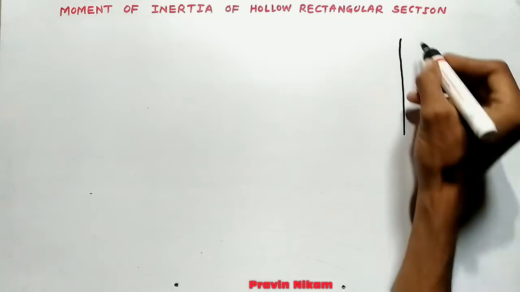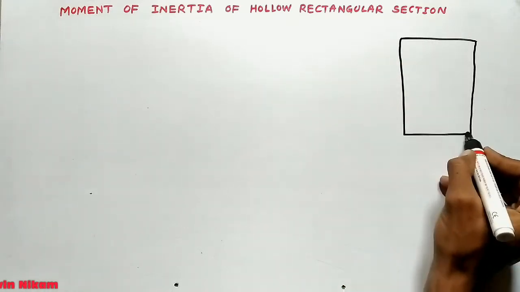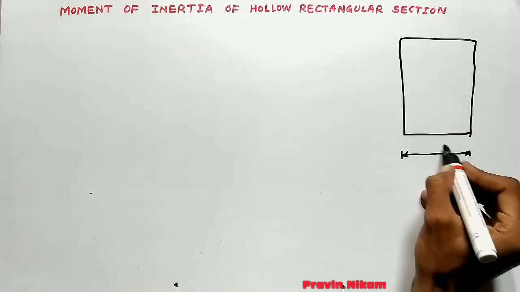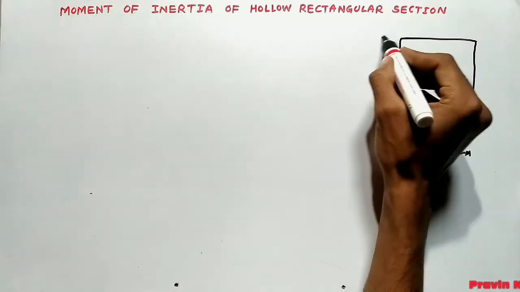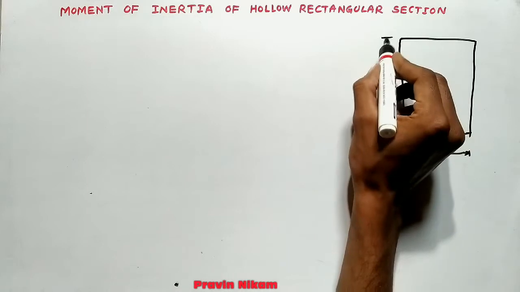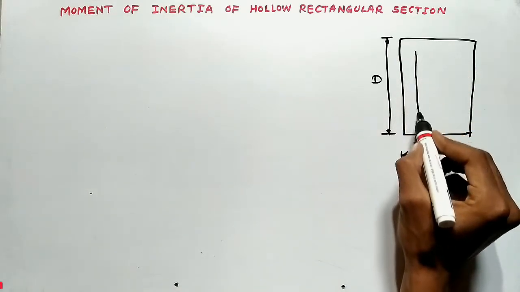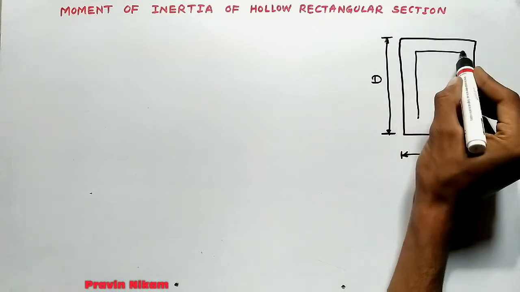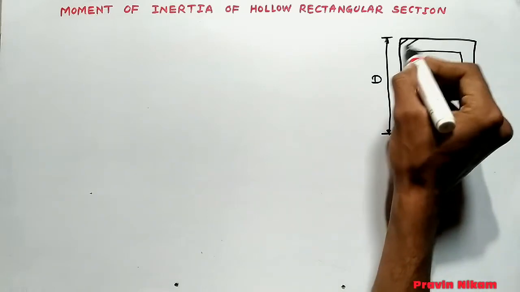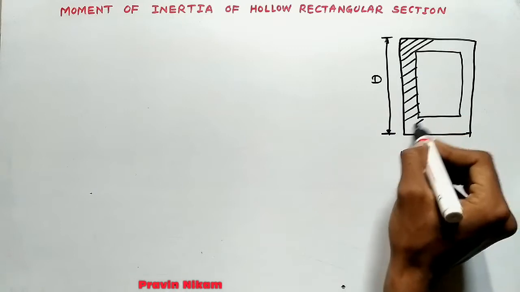This is the outer rectangle of say width capital B and depth capital D, and this is the inner rectangle cut from the main rectangle.